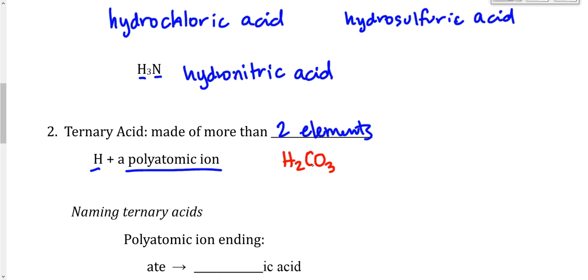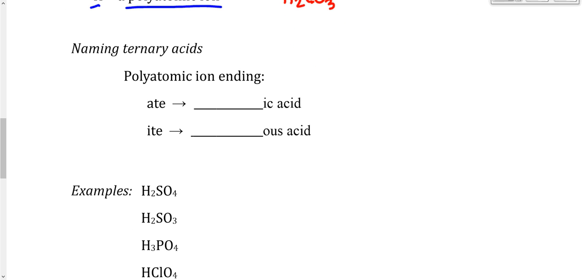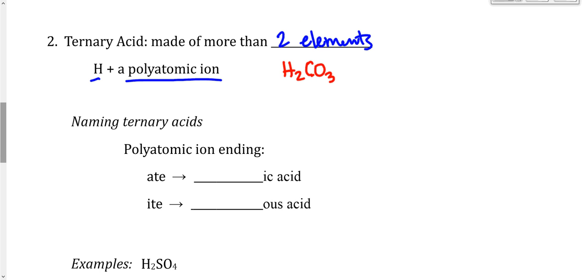This is one of the reasons you need to be able to identify those polyatomic ions. When naming your ternary acids, you look at your polyatomic ion ending. They end in ate or ite. If the ending is ate, you just change it to ic. If it's ite, you change it to us. And the blank before it is whatever you had before it.